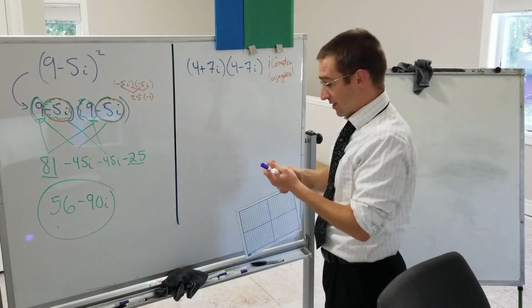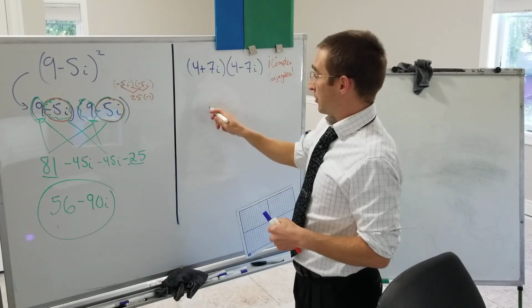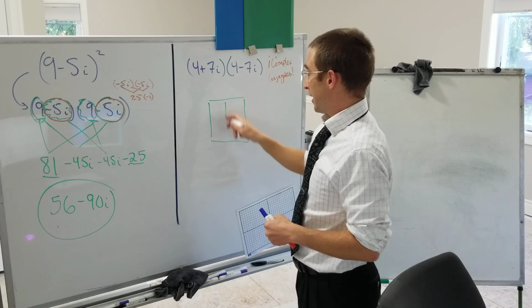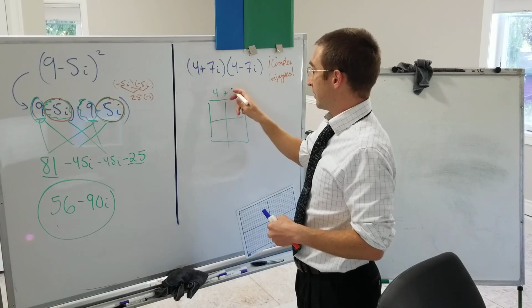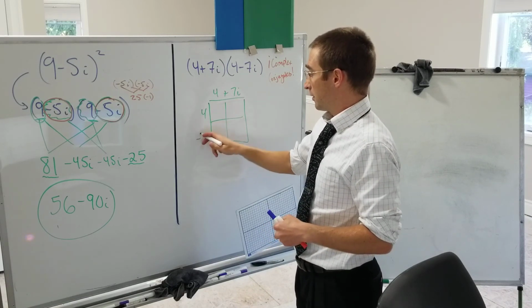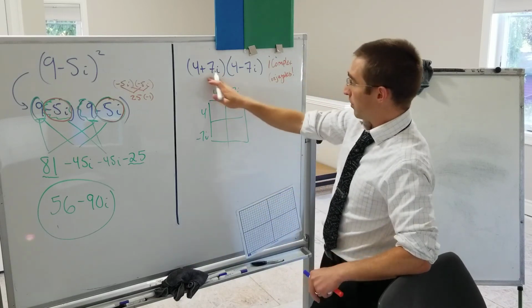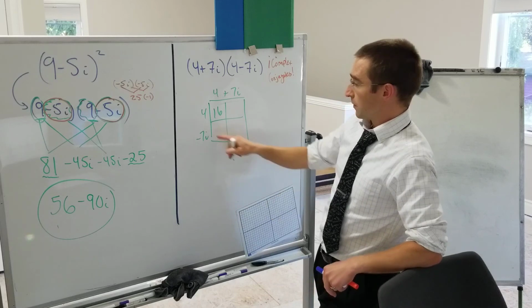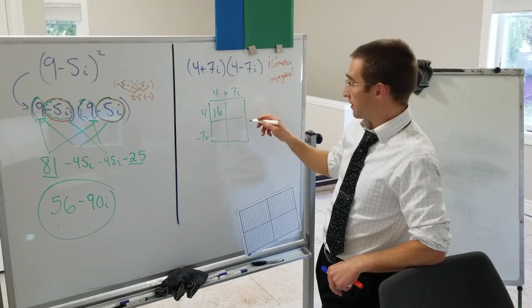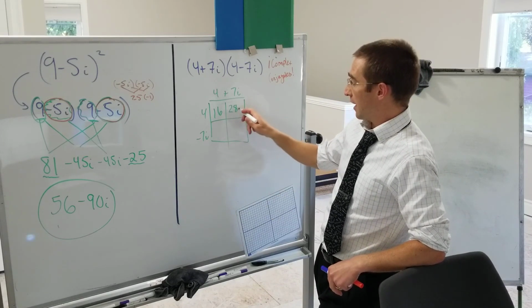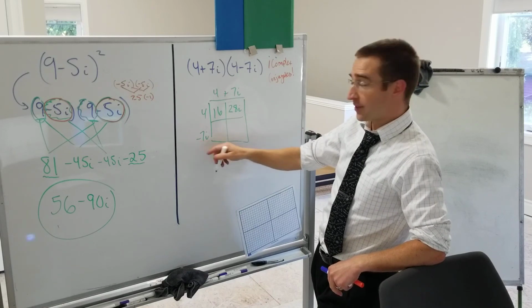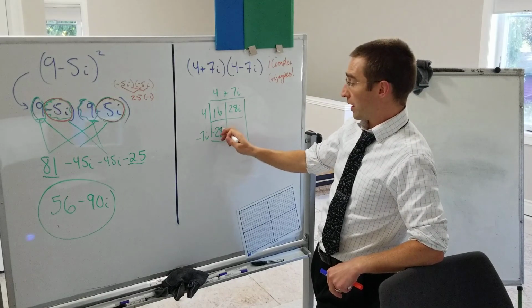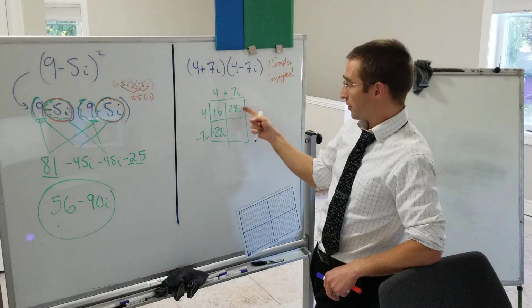So let's just see it happen. I'm going to draw the box again. I like the box better. It's more organized. All right. So I got my 4 plus 7i, I got my 4 minus 7i. 4 times 4 is 16. 4 times 7i is 28i. 4 times negative 7i is negative 28i. Woohoo! Those are going to cancel.